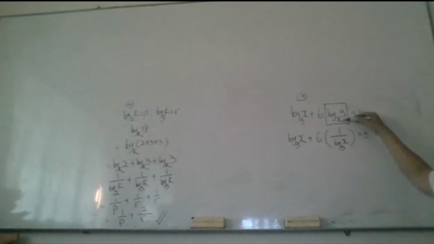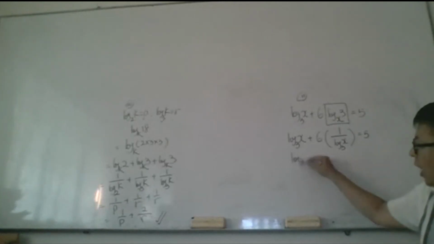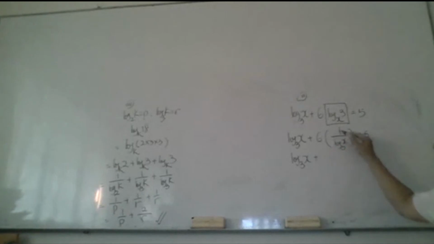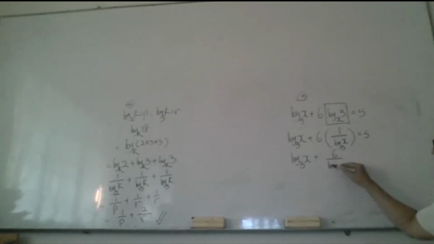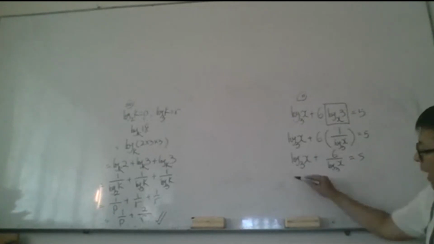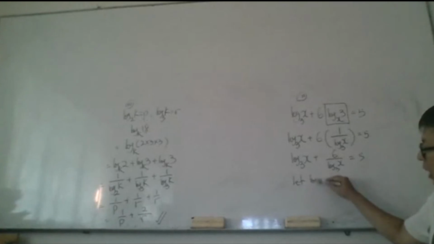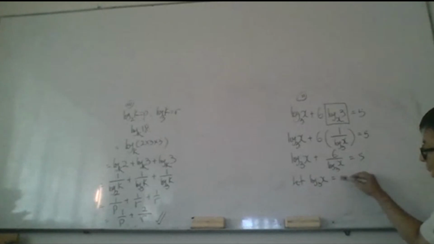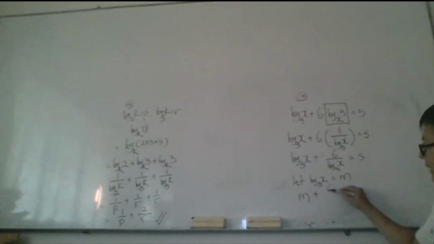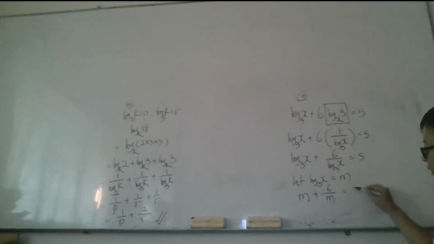This is your x 3 and this is your 3 x. So log 3 x plus 6 over log 3 x equals 5. In this question, I will let log 3 x equal m. So I will put m plus 6 over m equals 5.